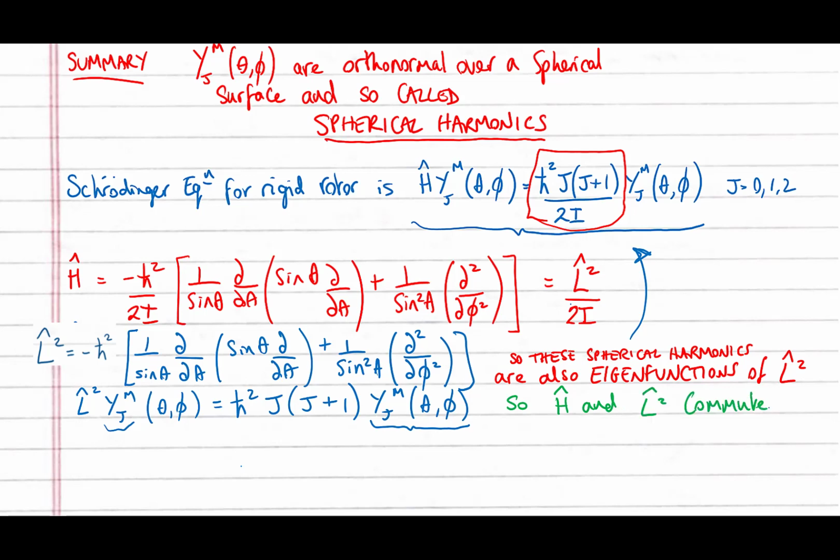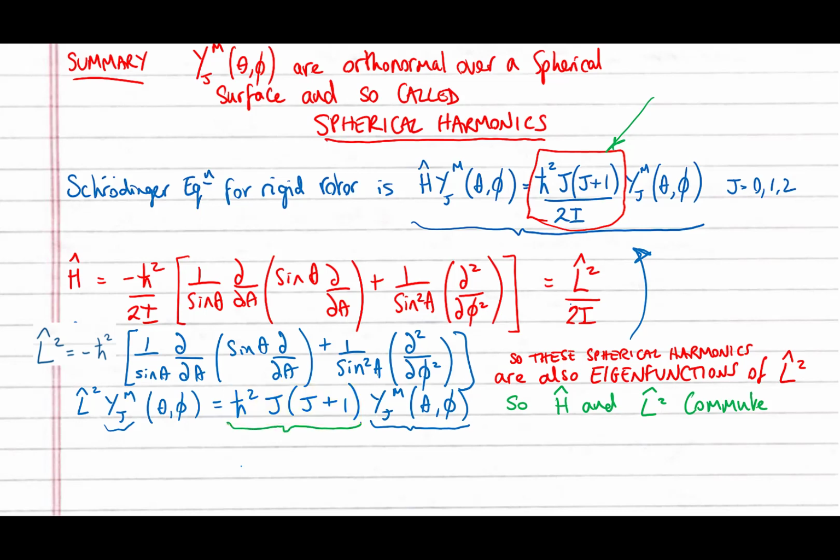What we can also say, if we think that the eigenvalue for the Hamiltonian operator is given on the right hand side of this expression in our Schrödinger equation, then we can also recognize that the eigenvalue for the L hat squared function is also going to be on the right hand side of this expression.